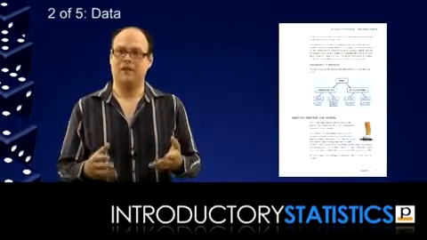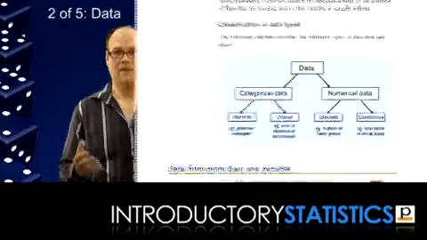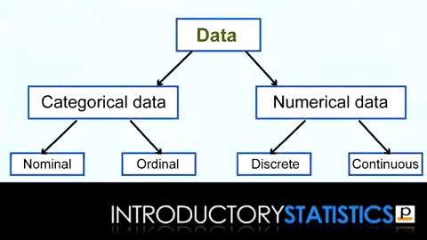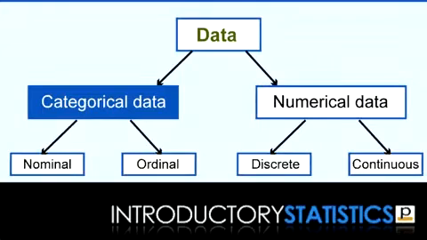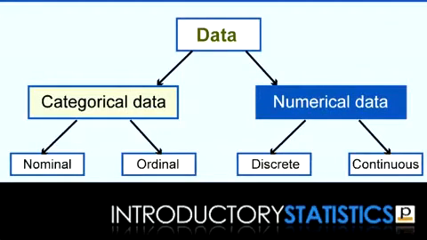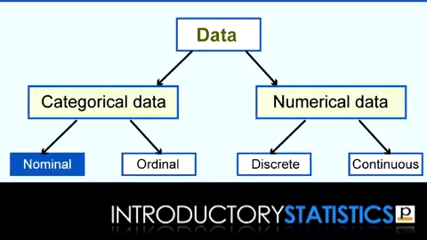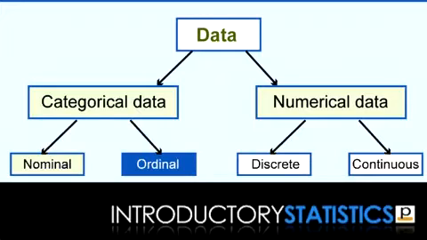So that's data, and there are a lot of different types of data, and this diagram shows the main types that we have. On the left-hand side we have categorical data, and that's data that can take qualitative options. And on the right-hand side we have numerical data, which is data that can take quantitative options, which basically means numbers. And categorical data can be measured on a nominal scale, which means that there's no natural order to the different options that the data can take, or it can be measured on an ordinal scale, which means that there is a natural order to the different options.